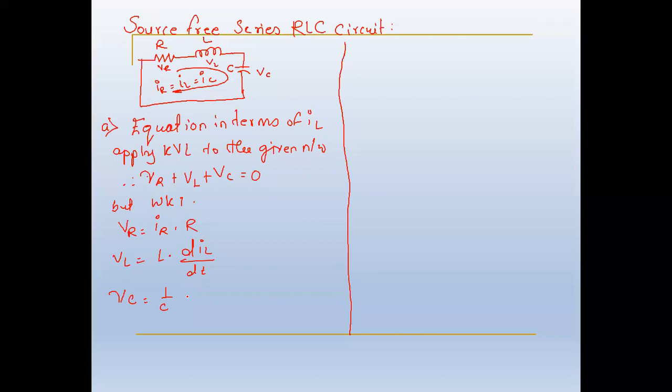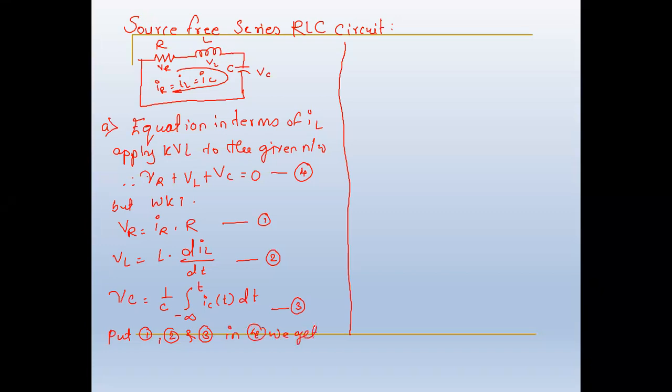So it is 1 by C integration of minus infinity to t IC of t dt. Let us call these equations number 1, 2, and 3. Let us call this one as 4 instead. Put 1, 2, and 3 in 4.